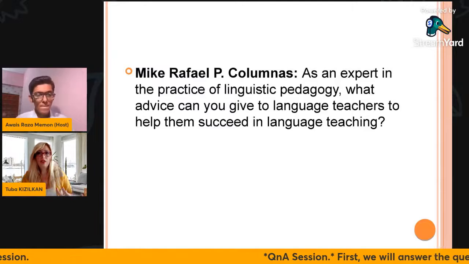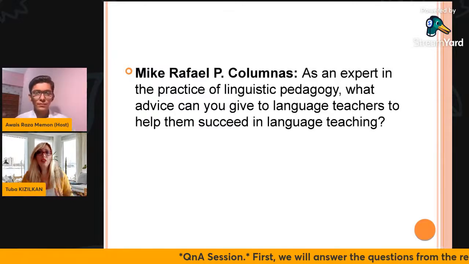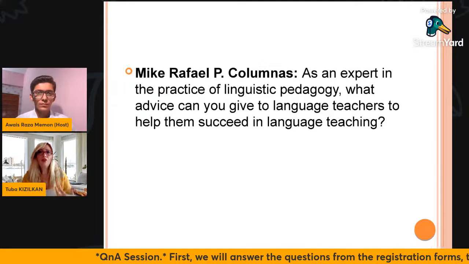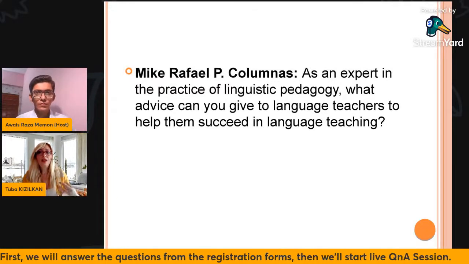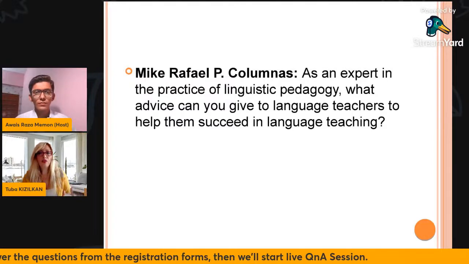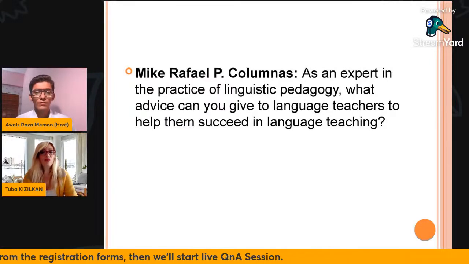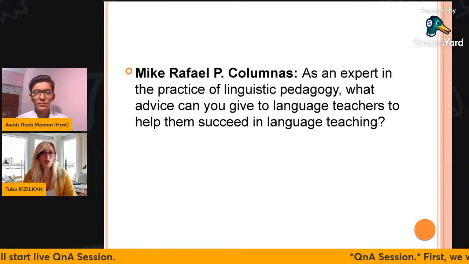A teacher should also be aware of the neurolinguistic part, the neurobiology of learning. A teacher should train himself or herself in how the brain works, how the child brain works, and how he or she can be engaged in learning. You should definitely study the stages of second language acquisition. That's important, I think.